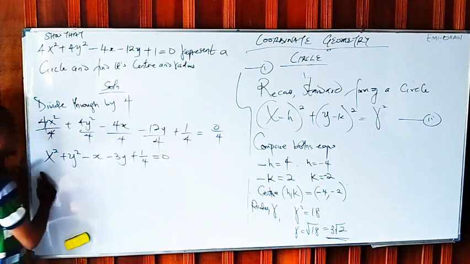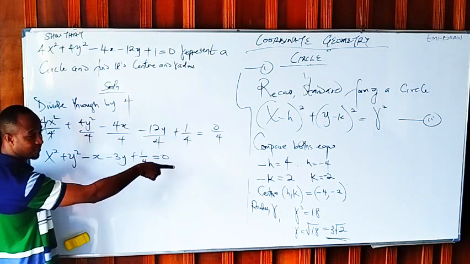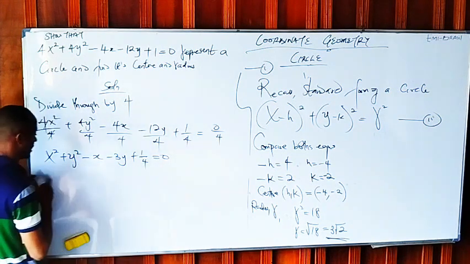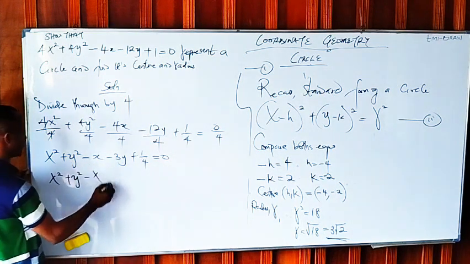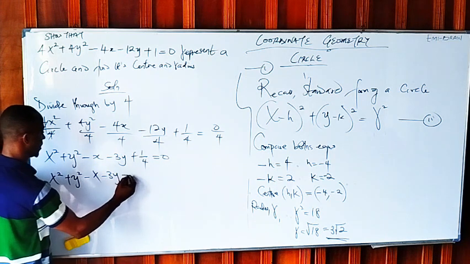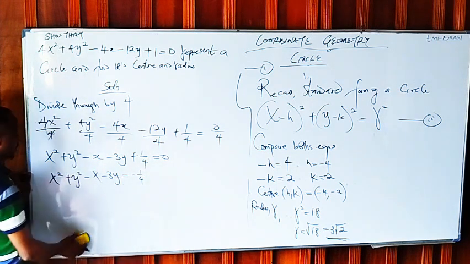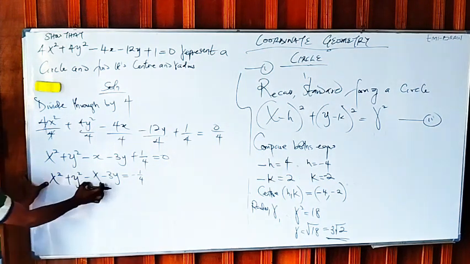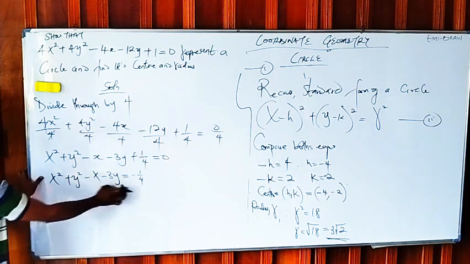Now, for me to complete the square, what do we do? Transfer this across, abi? We move 1 over 4 to the other side. That will give us x squared plus y squared minus x minus 3y equals minus 1 over 4. Then we bring the x squared along with the x together, and the y together.